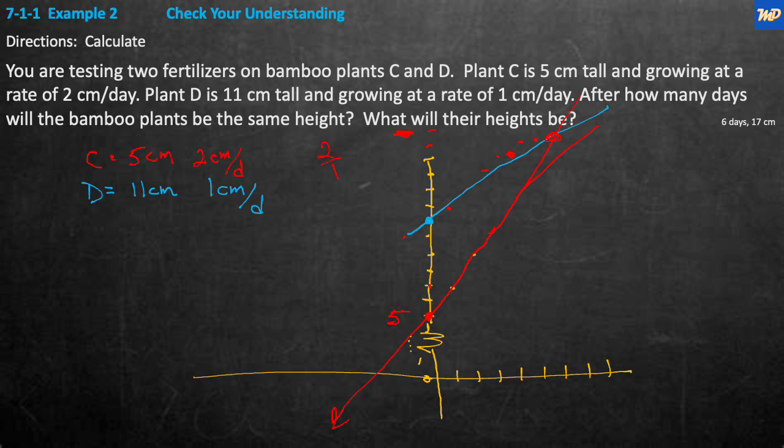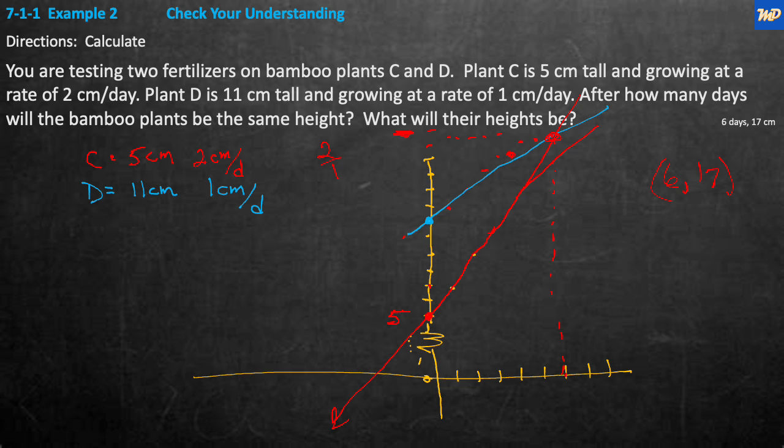And it went out 1, 2, 3, 4, 5, 6 days. So here it is like here and here. So what we're saying is that it's 6 comma 17.